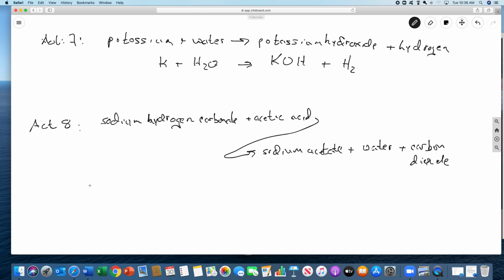All right, and so in formulas, this is sodium carbonate, my bad. No, I was right, never mind. So this is NaHCO3, that's a C, plus acetic acid, this is the acid in vinegar. You get sodium acetate, NaC2H3O2, water is H2O, and carbon dioxide is CO2.